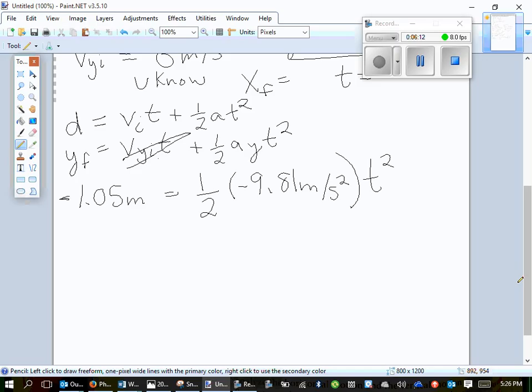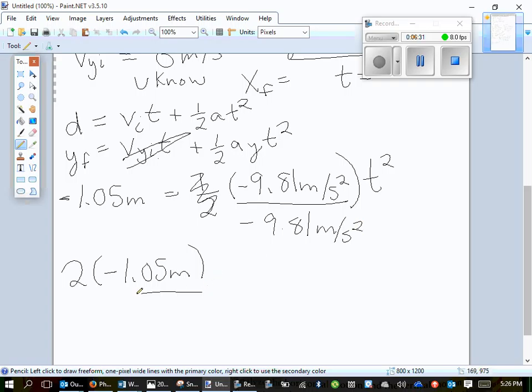We're going to have to multiply both sides by 2 to get rid of this. So 2 times negative 1.05 meters, and we're going to have to divide by negative 9.81 meters per second squared. That will give us time squared.